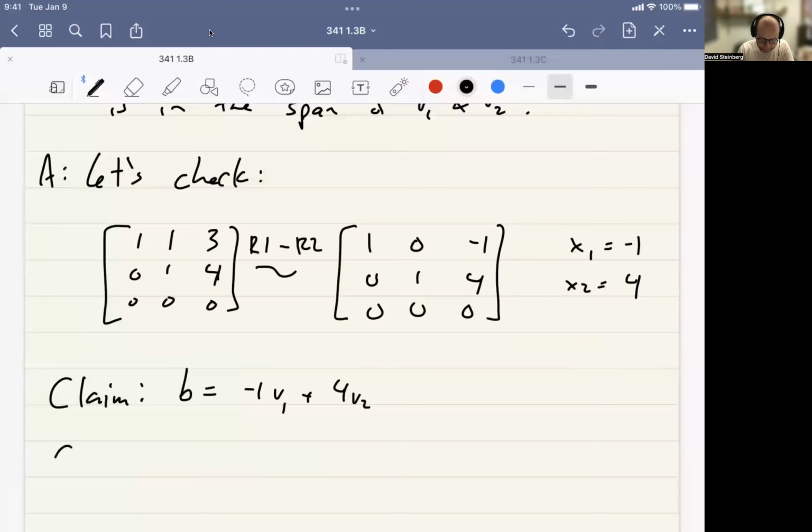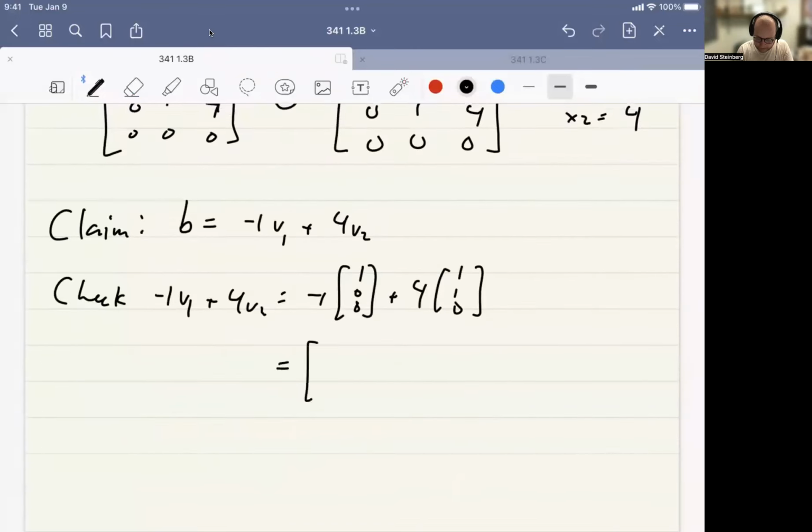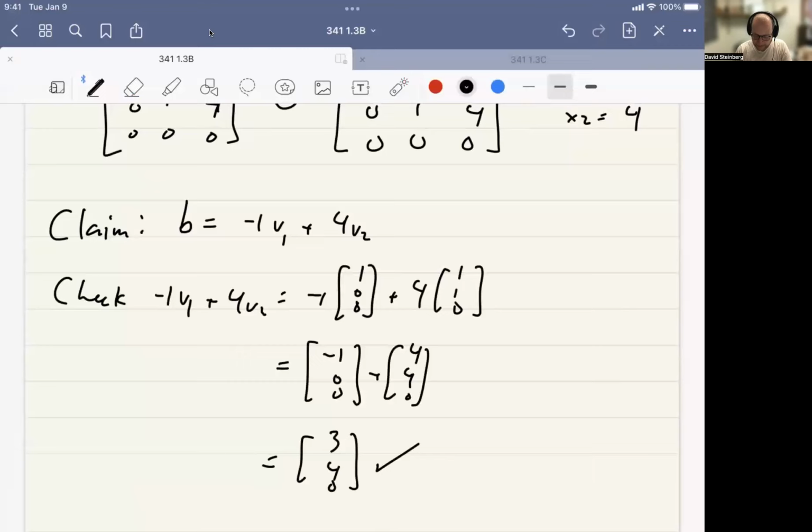Negative 1 v1 plus 4 v2 is negative 1 times the vector 1, 0, 0 plus 4 times the vector 1, 1, 0, which is negative 1, 0, 0 plus 4, 4, 0. Negative 1 plus 4 is 3, 0 plus 4 is 4. Okay, that checks out. That is equal to our vector B.